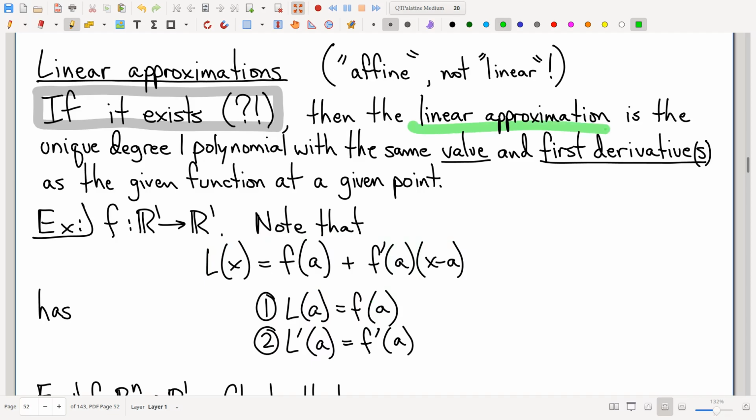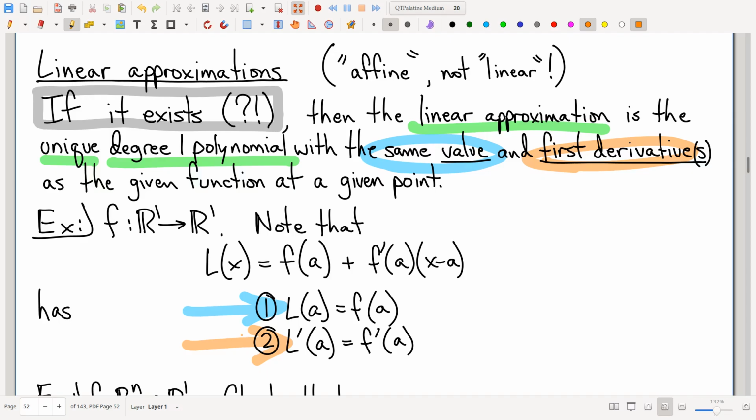The linear approximation is the unique degree 1 polynomial that has the same value as the function we're interested in at the given point A, and that also has the same first derivative as the function at the point A. So, said differently, the linear approximation is the mimic.